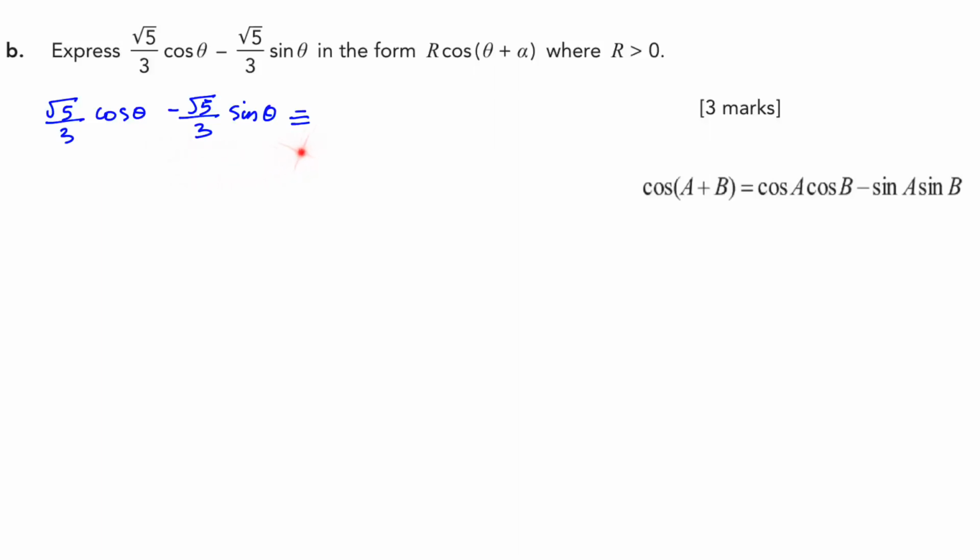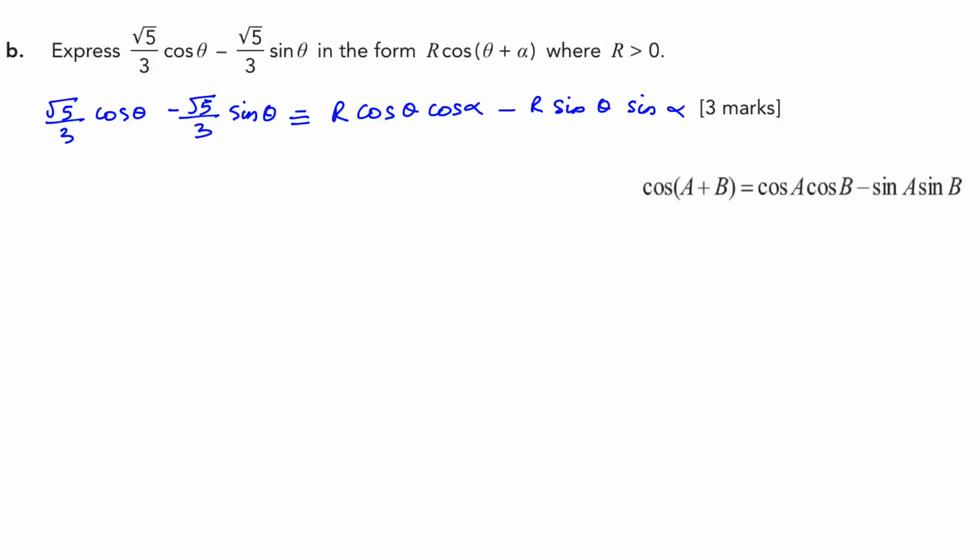So this is equal to, now use the formula, but in place of A put theta, in place of B put alpha. And also we have an R here. So put an R before here and before here. That will give you R cos theta cos alpha minus R sin theta sin alpha.